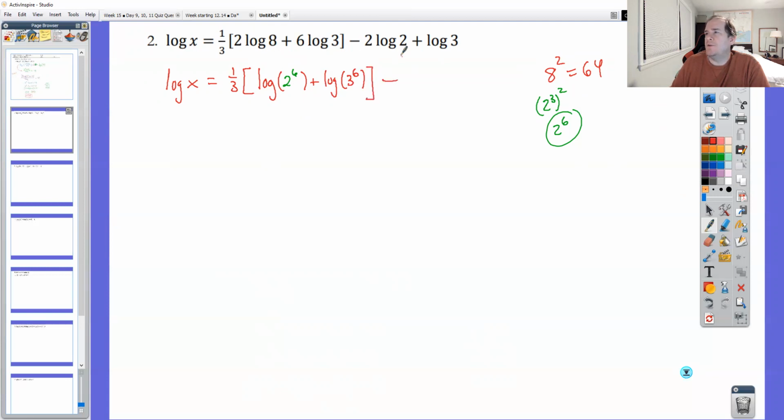Bracket. This is going to be log of 4, bring in the 2. This is going to be log of 3. While I'm working with powers of 2, maybe I want that to be a power of 2. Just leave it as 2 squared instead of 4. For now, no reason not to. Okay.